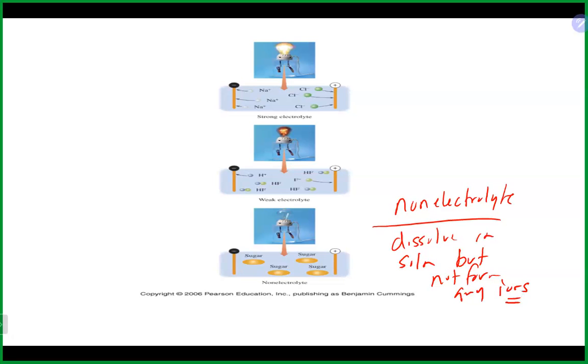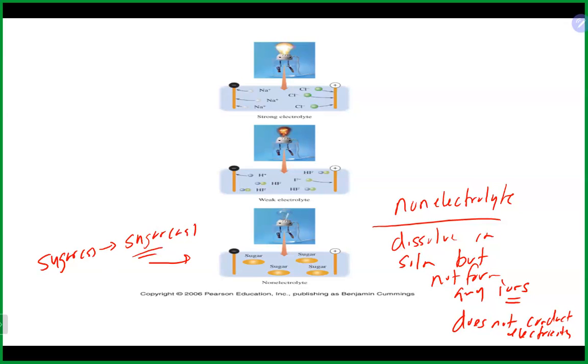And because it does not form any ions, there are no ions there to conduct electricity, so it does not conduct electricity. As you can see here, sugar is an example of that. You can take some solid sugar and get it to dissolve, but it will not break apart because sugar's carbon, hydrogen, and oxygen are covalently bonded together.